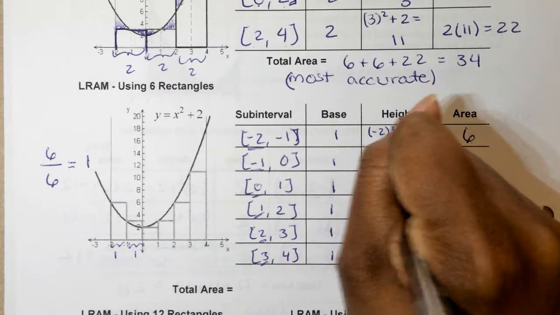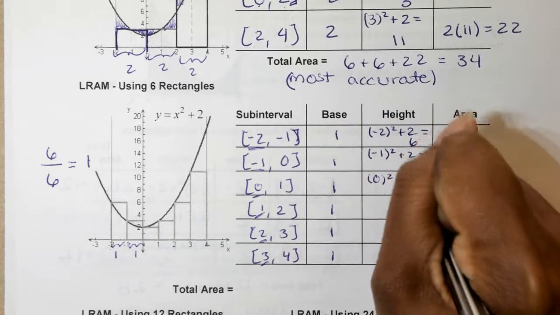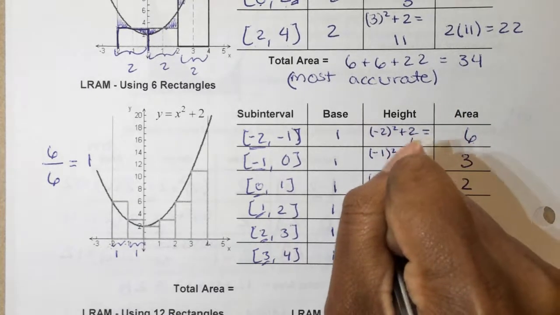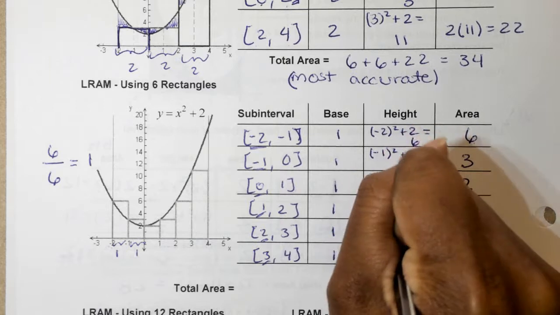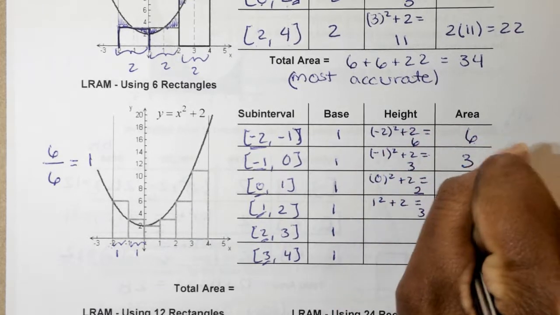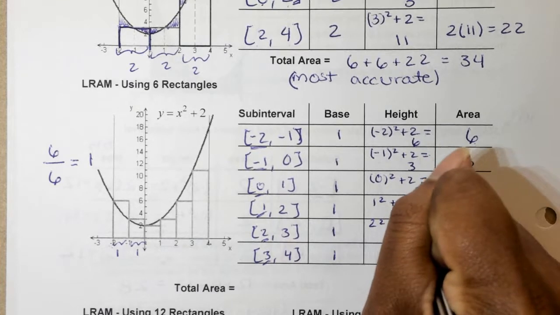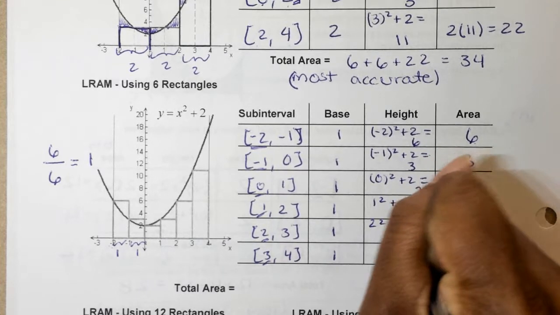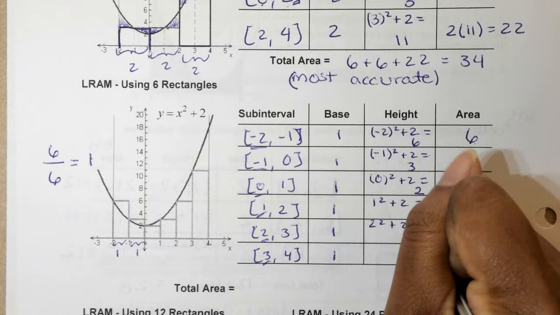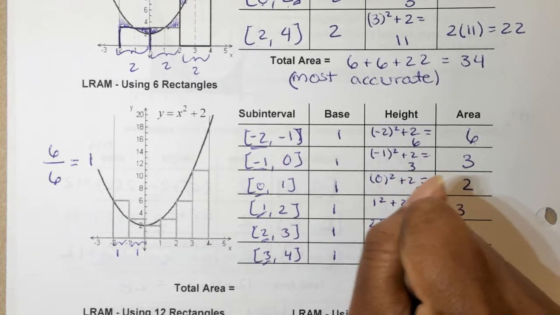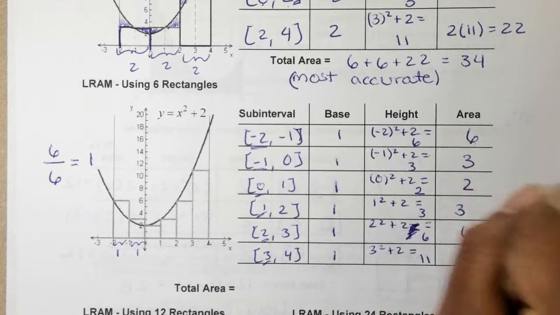And we have 0 squared plus 2, which gives 2. So the area is 2. And we'll just keep going. So 1 squared plus 2 is 3. 2 squared plus 2 equals 6. And 3 squared plus 2 equals 11.